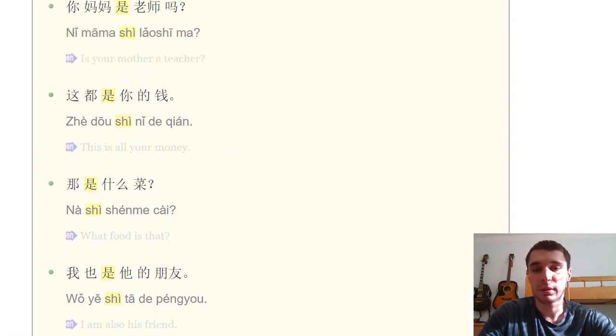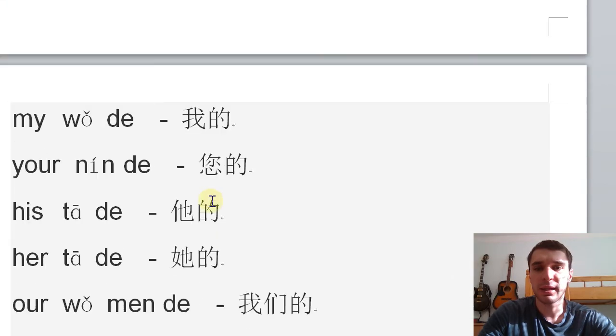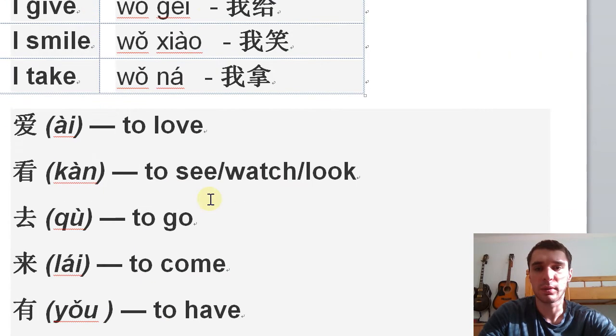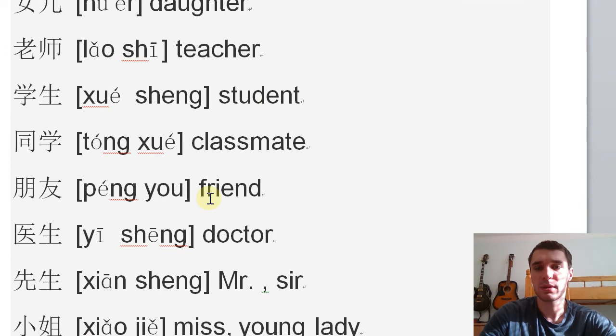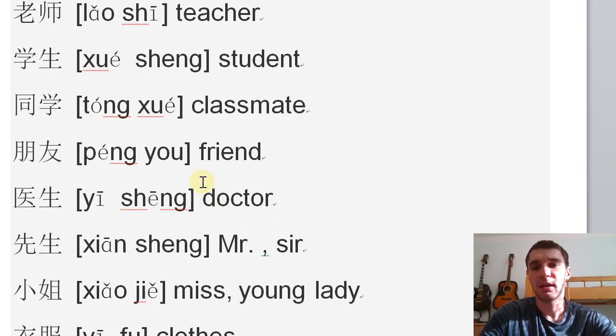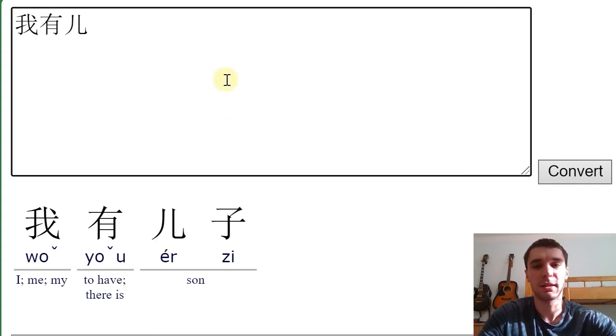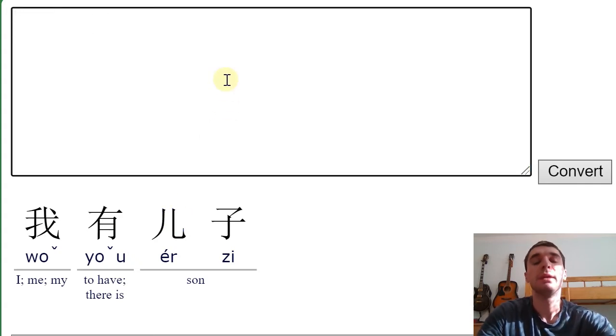Now I will say, what can you do? For example, let's connect two nouns. Okay, our nouns are here. For example, can you say for me, he is my friend. Friend, you have to say 朋友. Okay, 朋友. Let's write here. So how to say he?